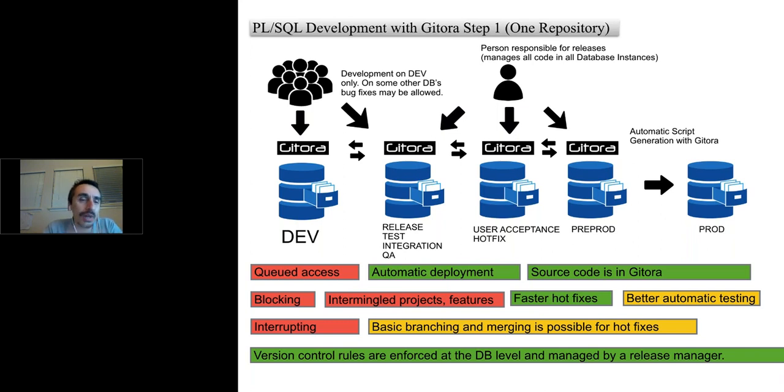Basically, you install Gitora in every database, and people start using Gitora to access the PL SQL objects. You create your repository, your PL SQL objects are in Gitora, and from that point on, there is no way that developers can change anything without using Gitora. At that point, the most important thing is that the version control rules are now enforced at the database level. We achieve this.